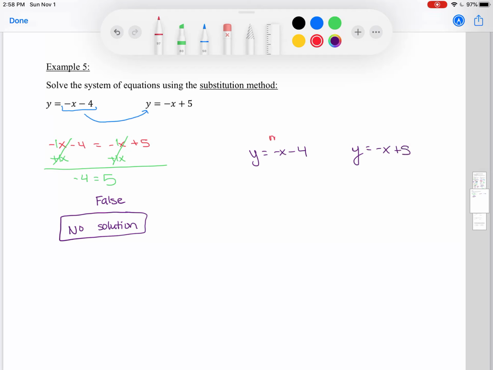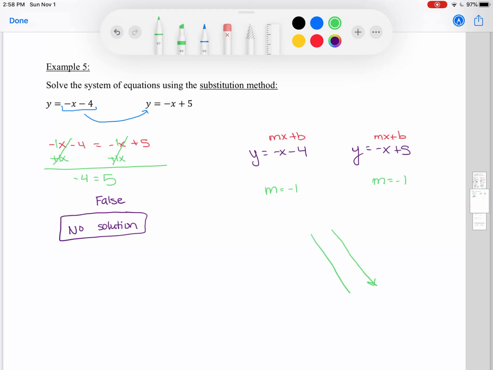Again, if I wanted to graph these, take a look at both of their slopes and the original functions. Y equals negative x minus 4, y equals negative x plus 5. They're both in mx plus b form, so if I wanted to graph them, I most certainly could have.